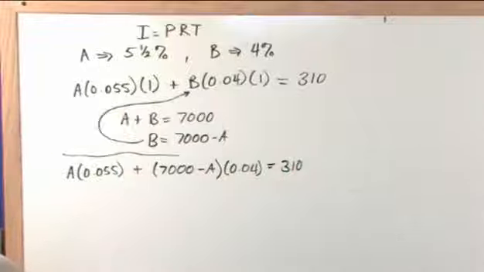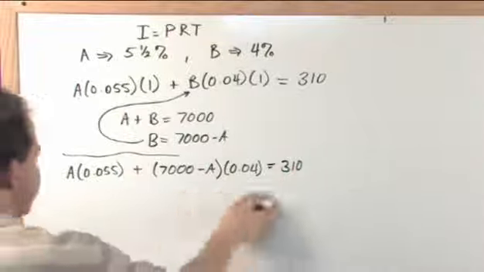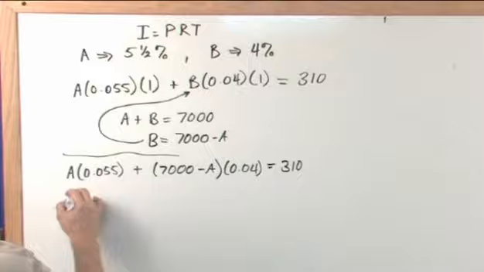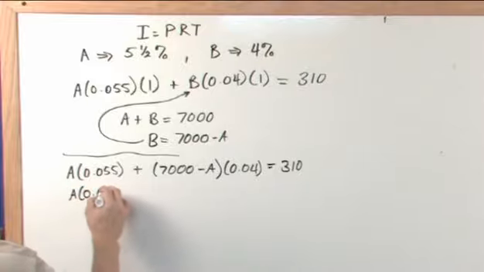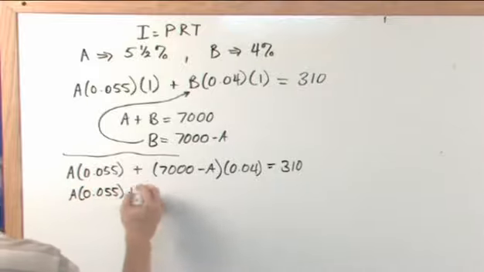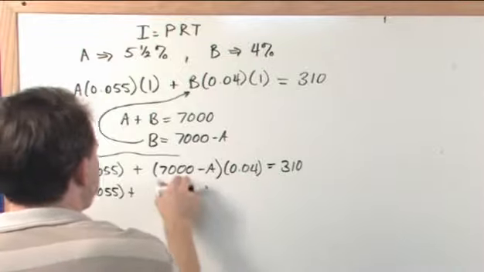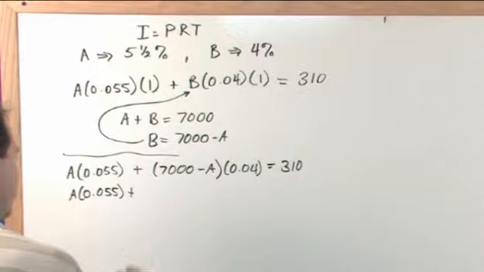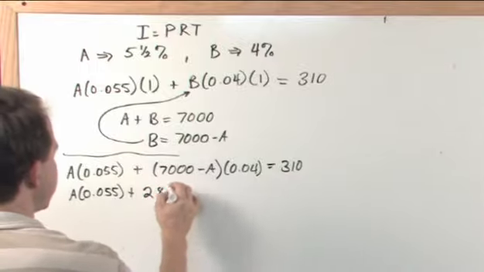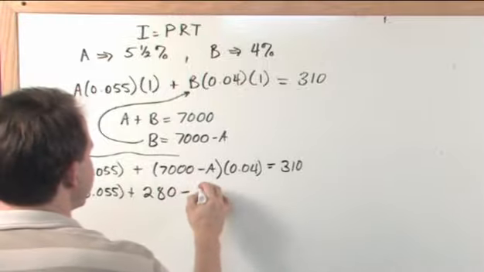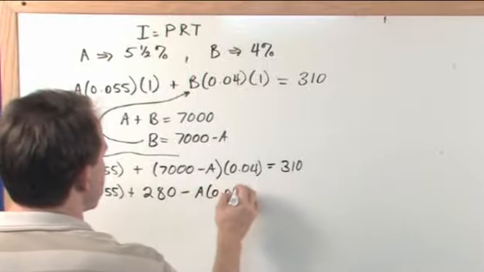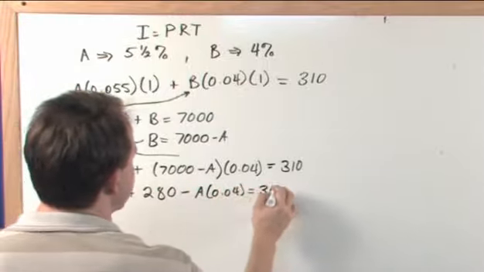Okay? So now I can just continue simplifying and solving this just like before. A times 0.055 plus, now I can distribute this 0.04 times 7,000, and the 0.04 times 7,000 is going to be 280, minus A times 0.04 is equal to 310.